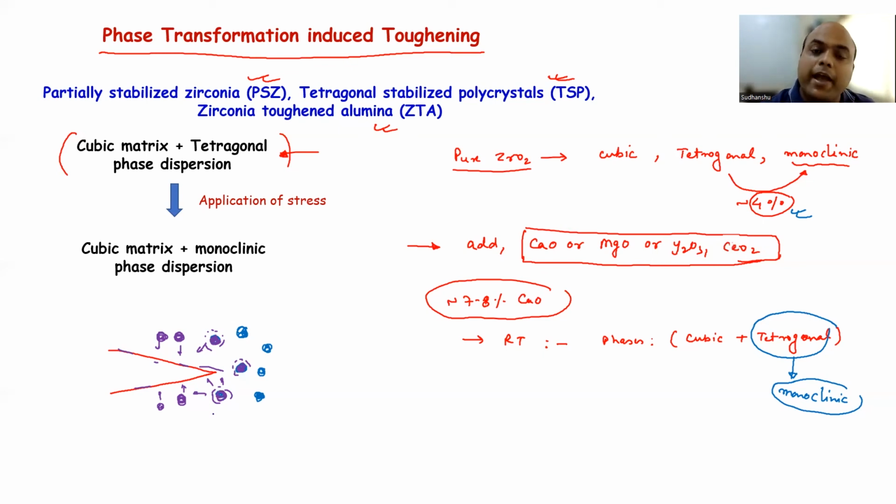Similarly, you can also have cracking, right, locally there, if the compressive stresses are higher, right? So locally the interfaces can crack, and that will lead to the micro crack toughening. So ZTA can show both micro crack toughening as well as transformation induced toughening.